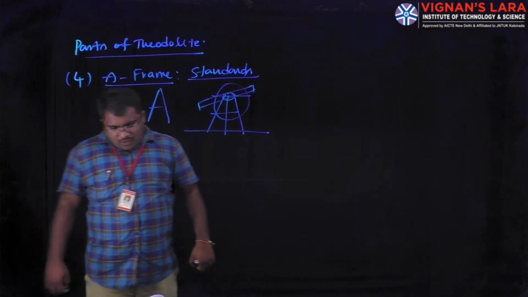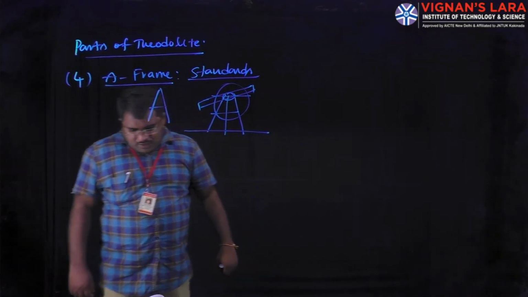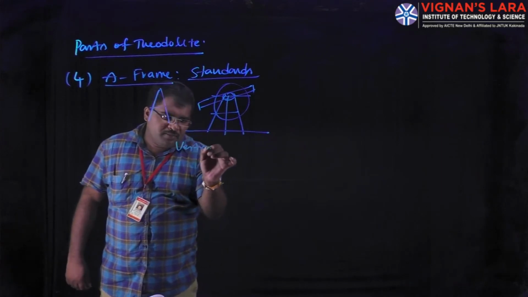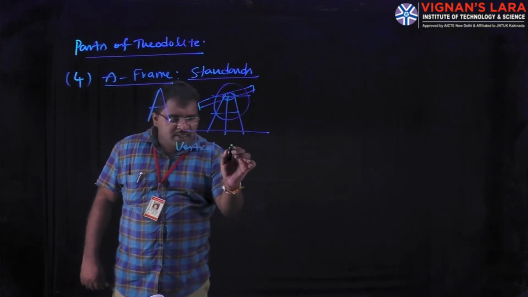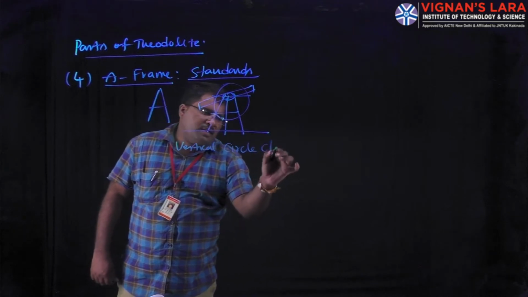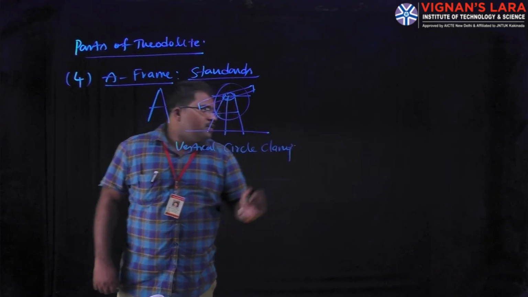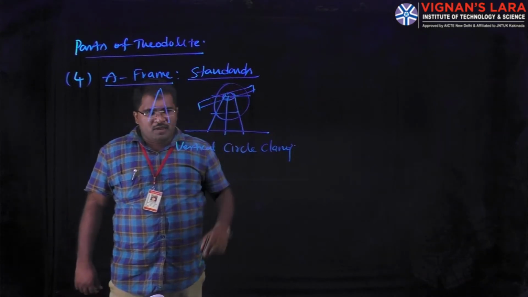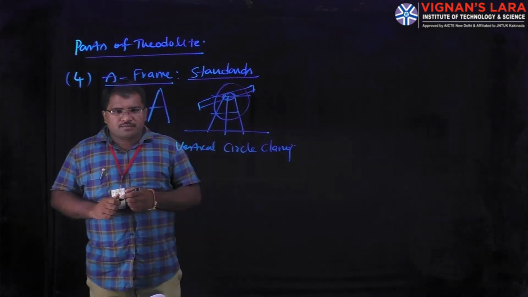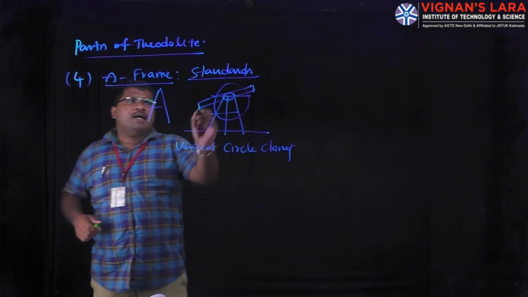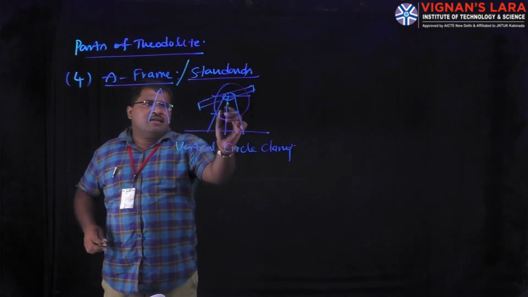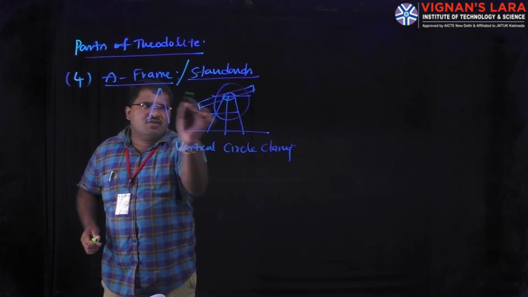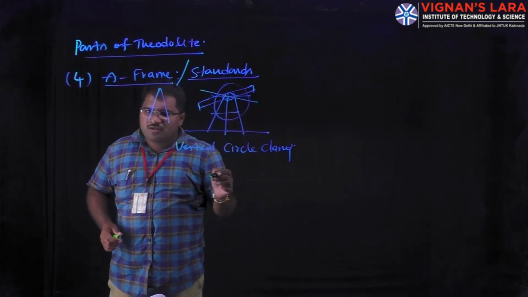It also has one clamp called the vertical circle clamp, to control the movement of this. The top of this A frame or standards has the axis called the trunnion axis.